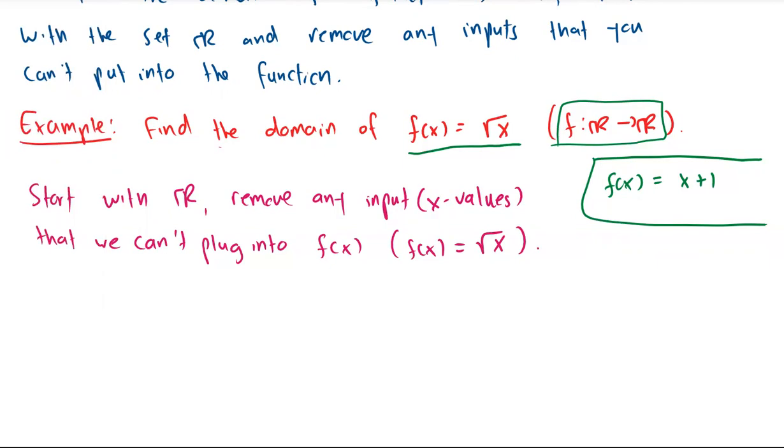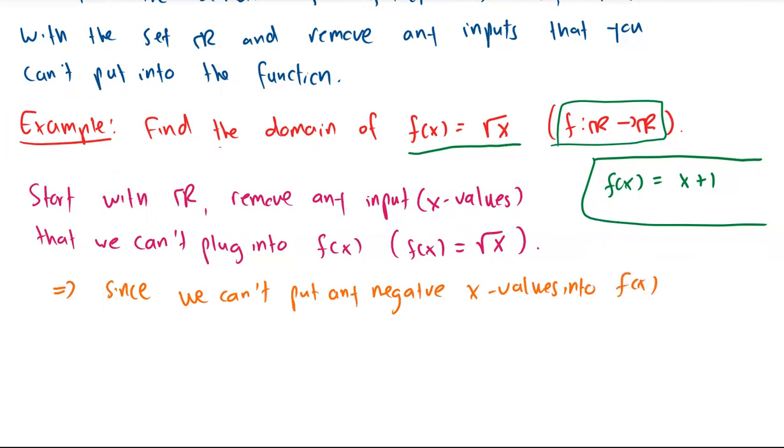So what does that tell us? Since we can't put any negative x values into f of x, what are we going to do? We're going to remove all of those inputs from the domain, from the set of real numbers.